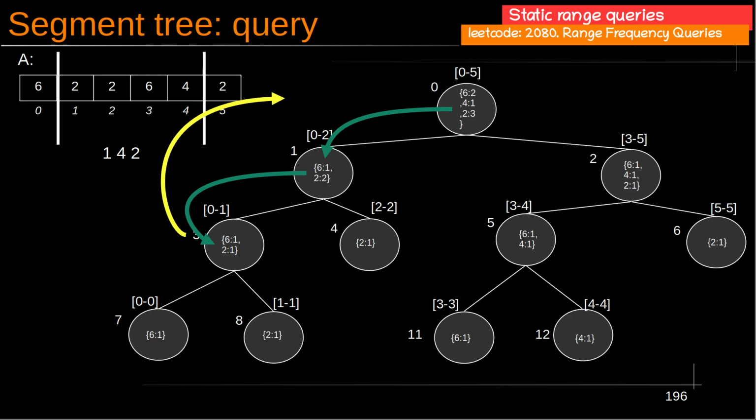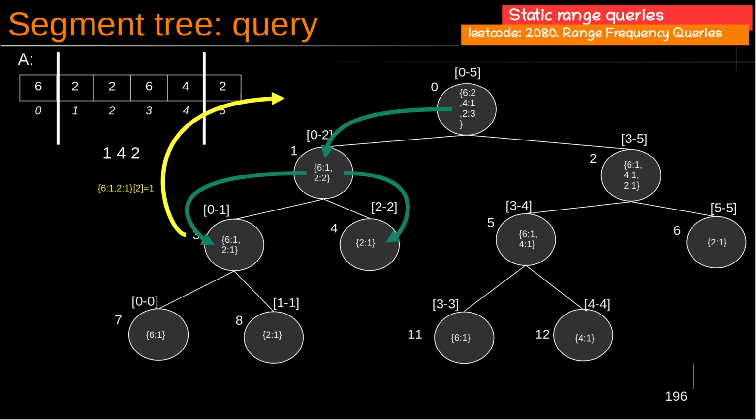So we return this result, which means we have to check in the data of that node, which is the unordered map. Say we have 1 six, 1 two. With the value of 2, that map is equal to 1.